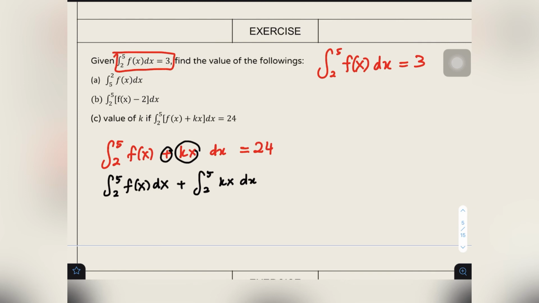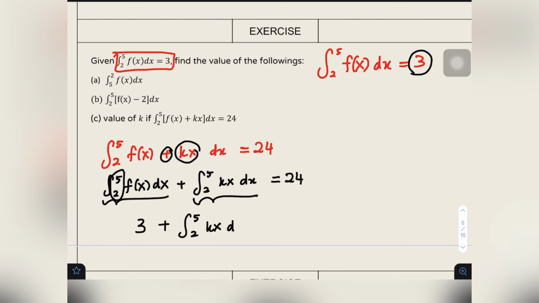So the value of this one is actually 24, given to you. Okay class, you have been told that the value of integration of f(x) dx from the limit 2 to 5, the value is 3. So you just need to substitute. Okay, but you don't know what is the value of this one, so you write it again. 2 to 5, kx dx equal to 24.